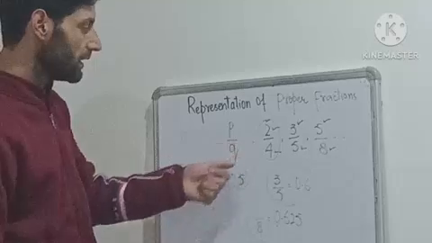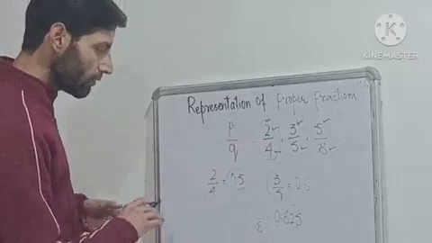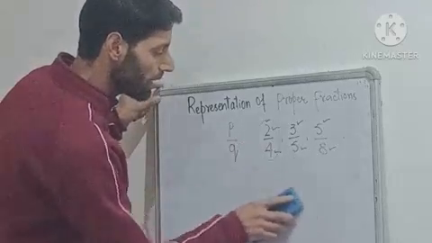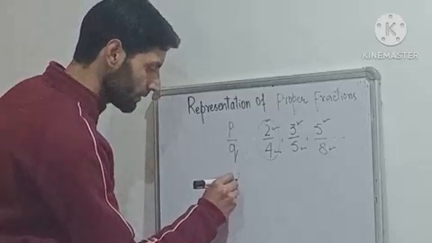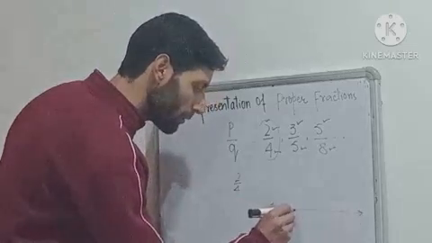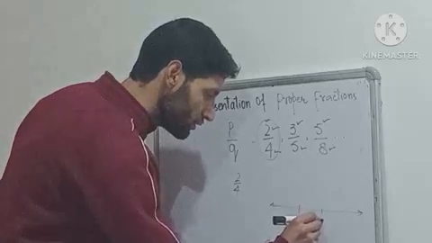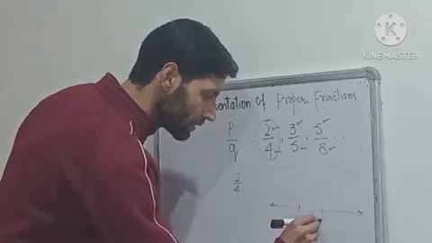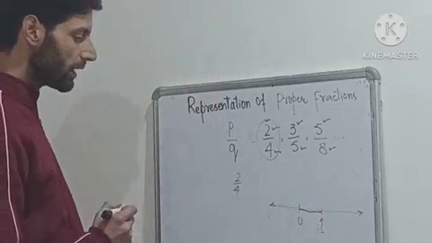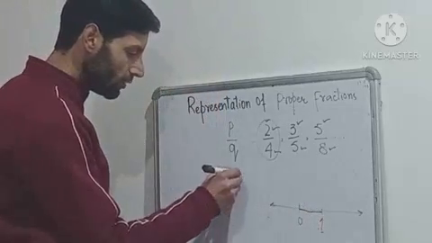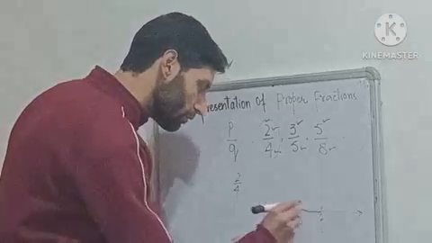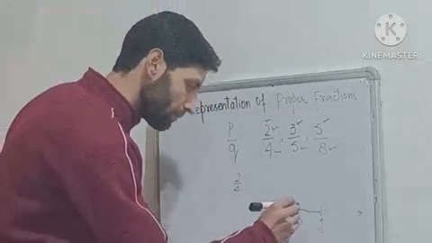Let us represent these proper fractions on number line. First, 2 by 4. How can we represent 2 by 4 on number line? Since we know that value of proper fractions vary between 0 and 1, we need only this part of number line. अगर हमें 2 by 4 इस नंबर लाइन पर दिखाना होगा तो हम इस 0 to 1 पार्ट को 4 बराबर हिस्सों में बांट देंगे.